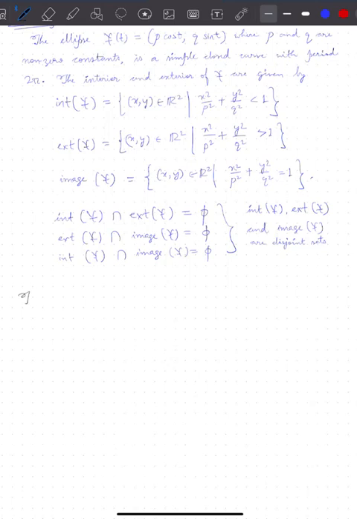So there is a theorem which is called Hopf's theorem.